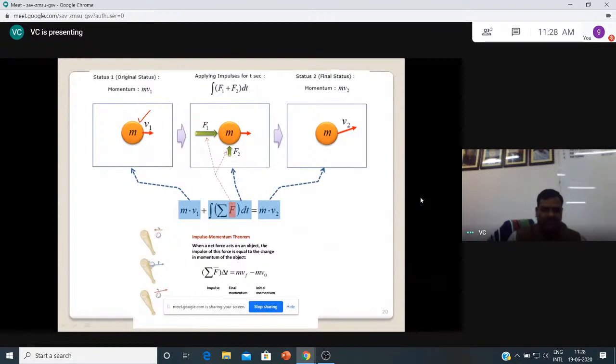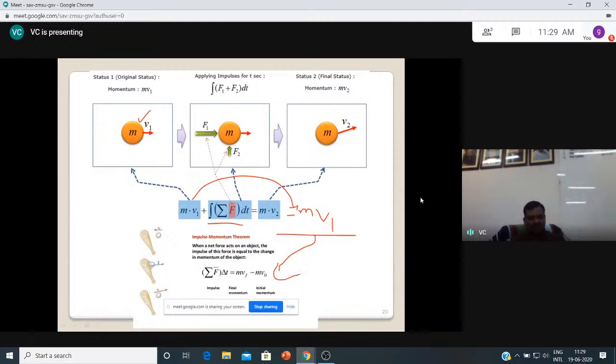In other words, the integral of F dt is equal to m v2 minus m v1. That is the expression for this case: impulse is equal to final momentum minus initial momentum.